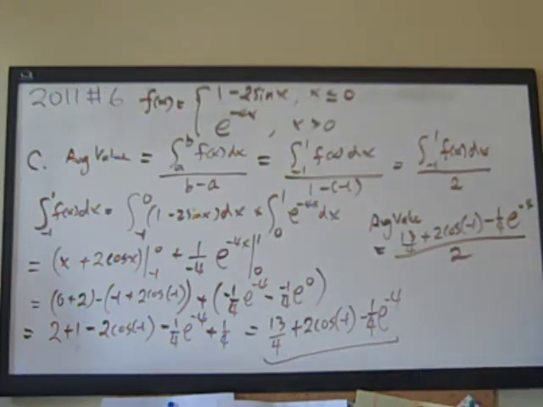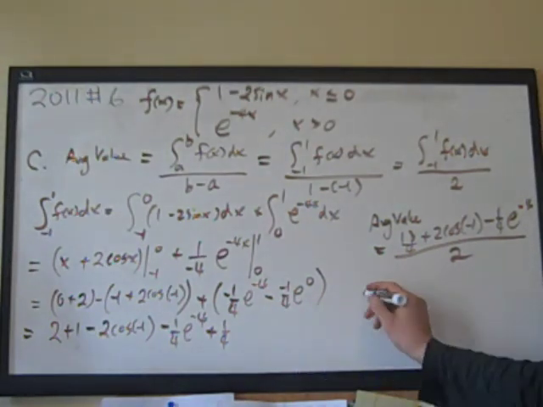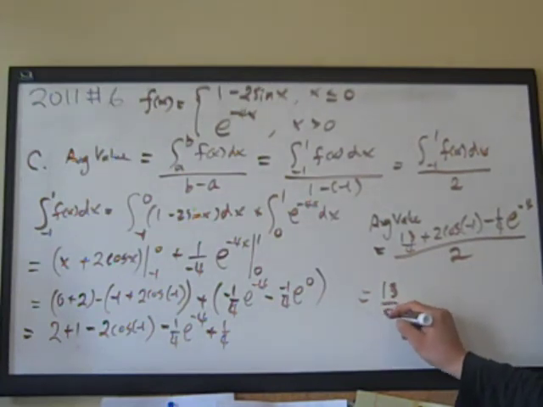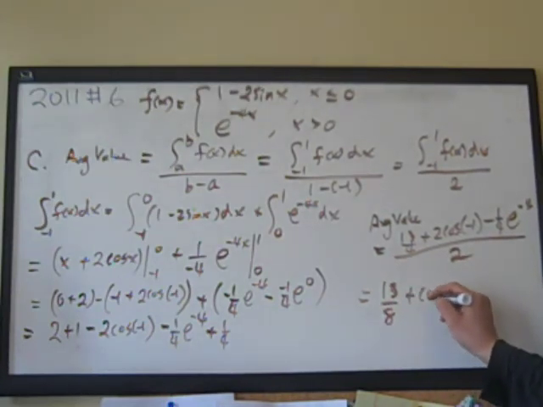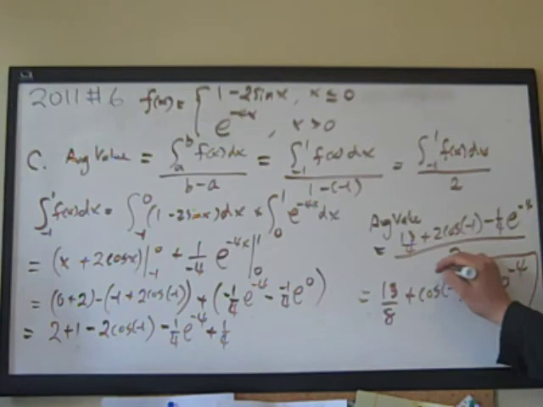And finally, let me just erase this part so that we have an answer. So finally, the answer is 13/8 plus cosine -1 minus 1/8 e to the -4.